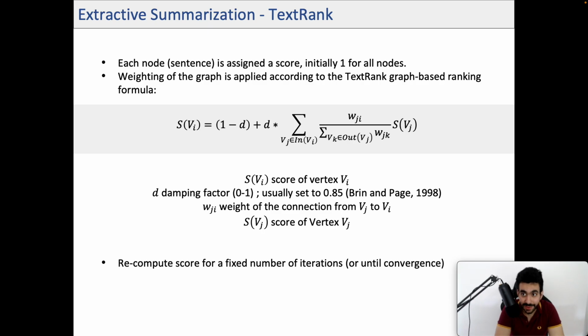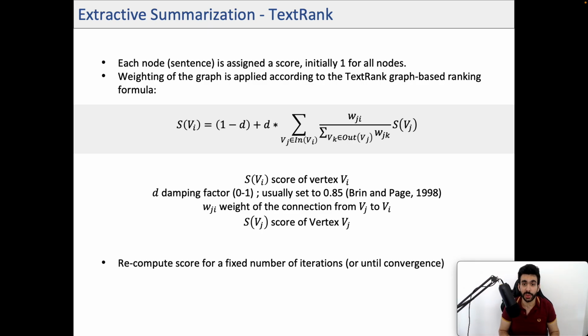And this is an iterative algorithm. We do that for a fixed number of iterations or until convergence. For convergence, it might be that the scores do not change beyond a certain factor, at which point it stops, or it is done for a certain number of iterations.